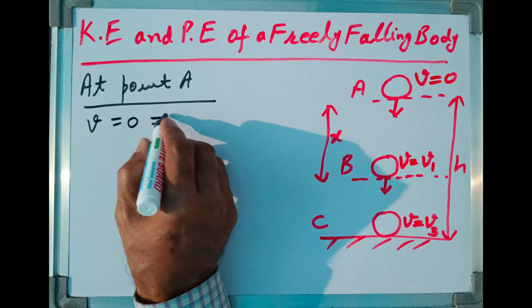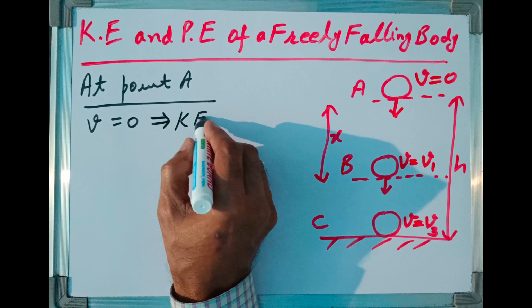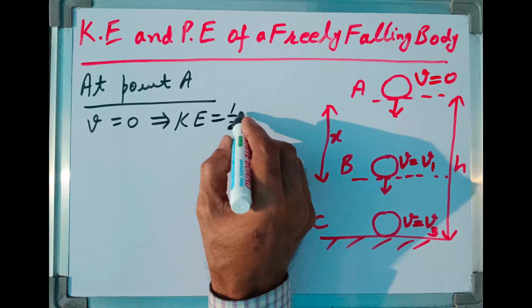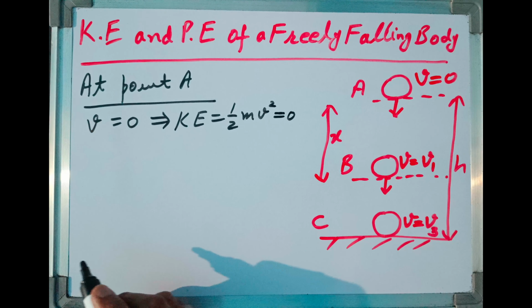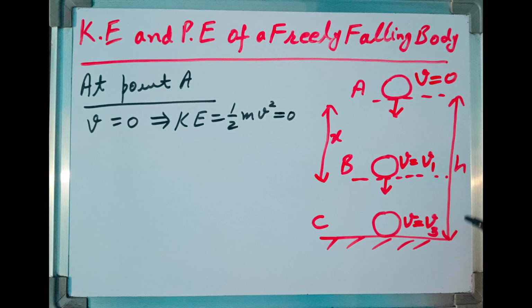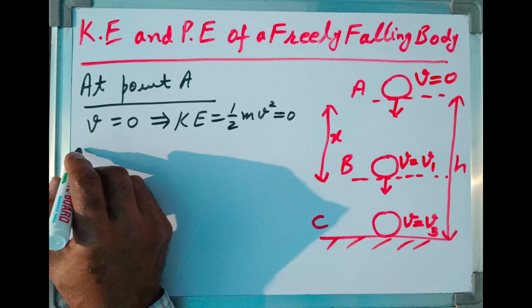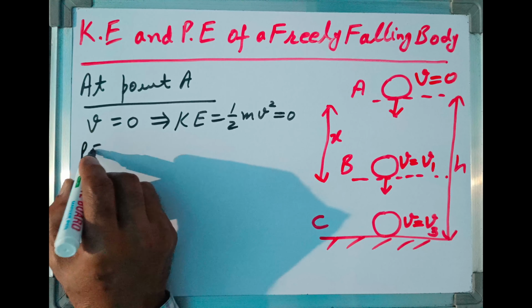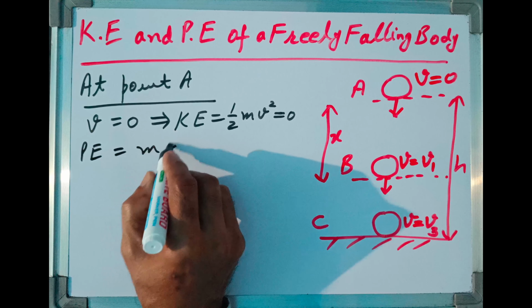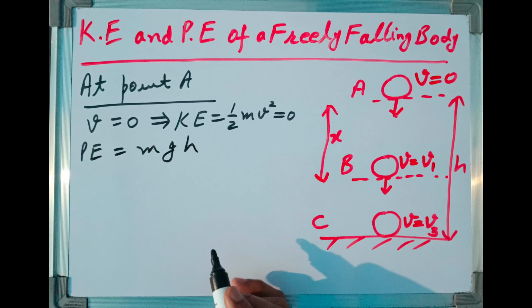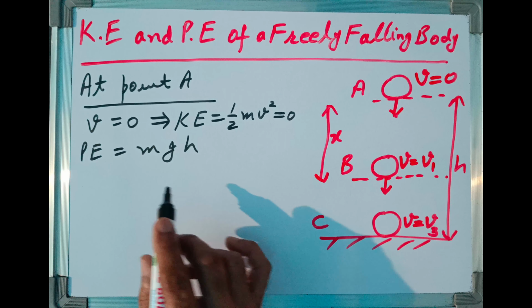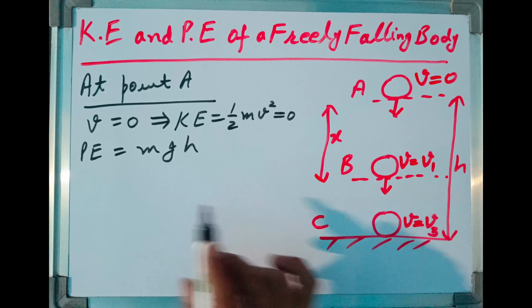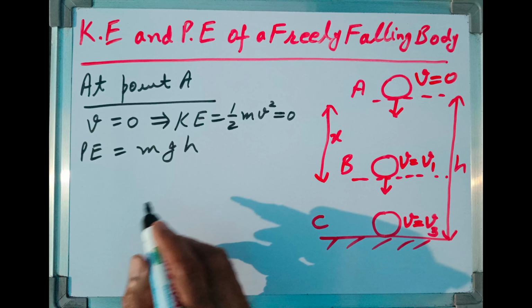So this means kinetic energy of the body, half mv square, will be equal to 0. Because distance of body from ground level is h, its potential energy will be equal to mgh. So in the starting, kinetic energy is 0 and potential energy is mgh, where m is mass of the body, g is acceleration due to gravity.